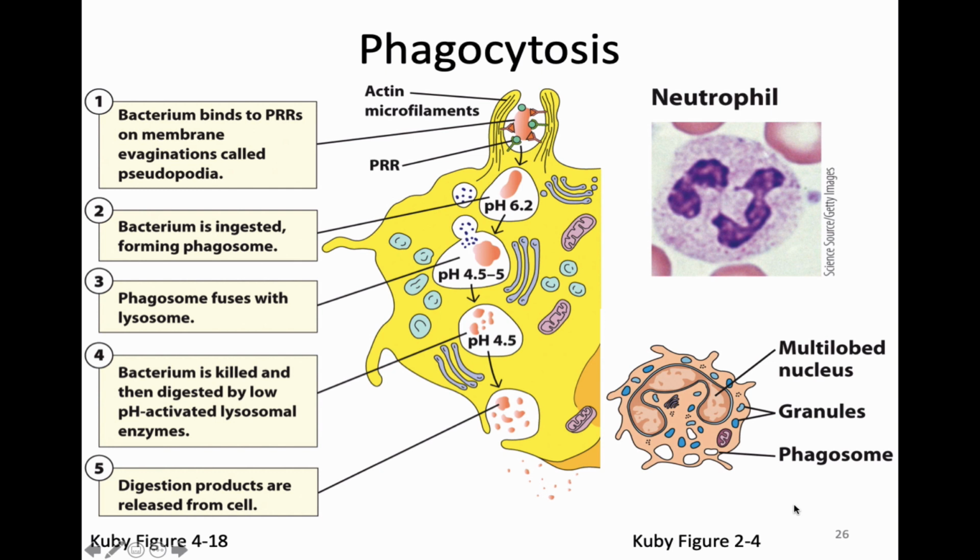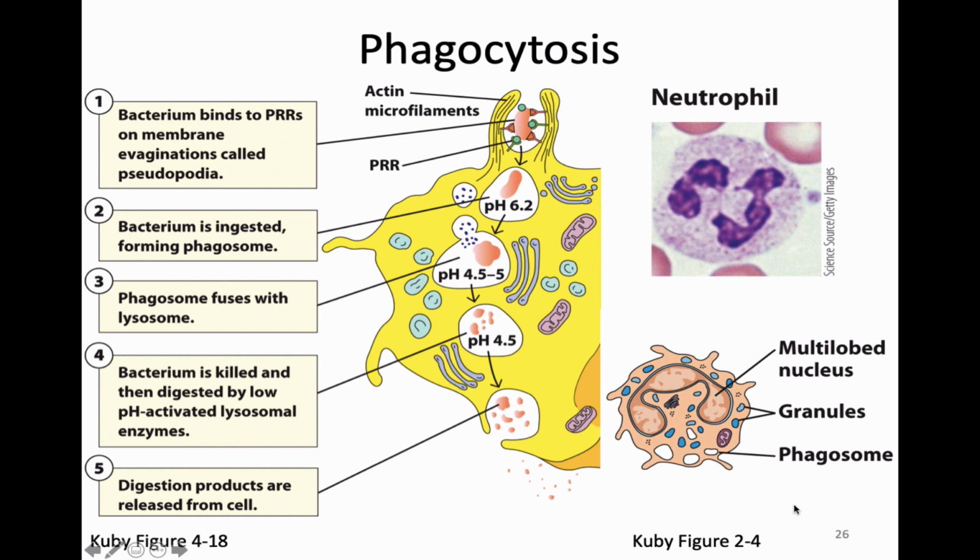Again, neutrophils are largely going to destroy incoming microbes by phagocytosis. So microbes will first bind to PRRs on the membrane. There will be quite a lot of cytoskeletal rearrangement so that the cell is able to reach around and make a grab of those microbes.